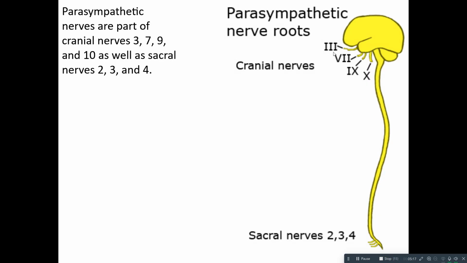Remember, cranial nerve 3 is the oculomotor. Number 7 is the facial. Number 9 is the glossopharyngeal. And number 10 is the vagus. And it's actually sacral nerves 2 through 4 that have parasympathetic motor signals traveling within them.